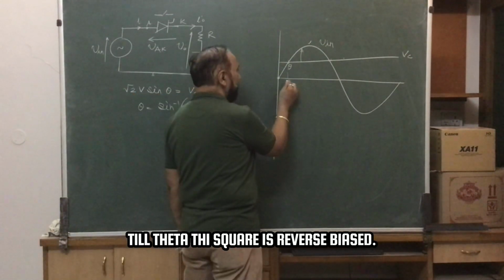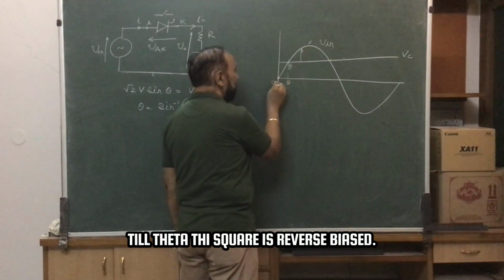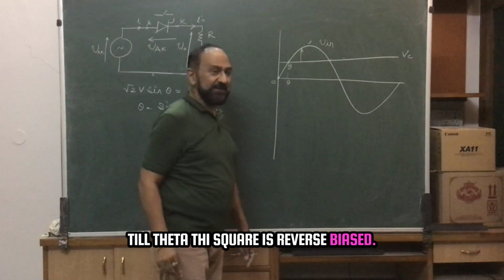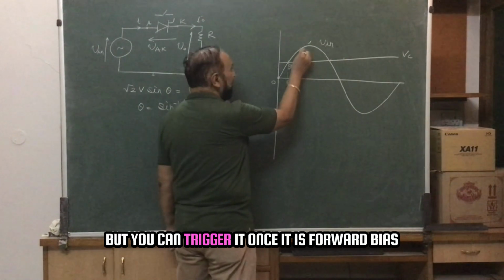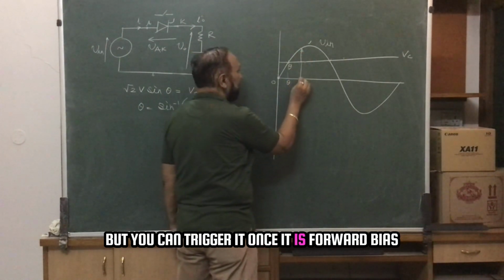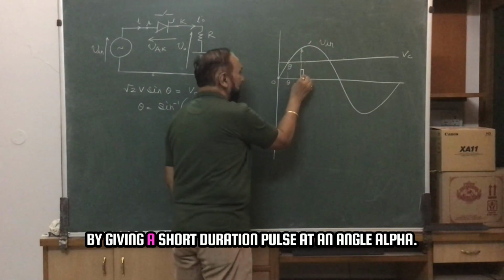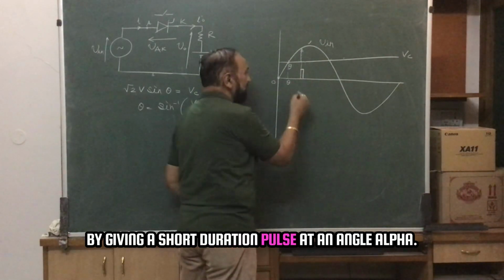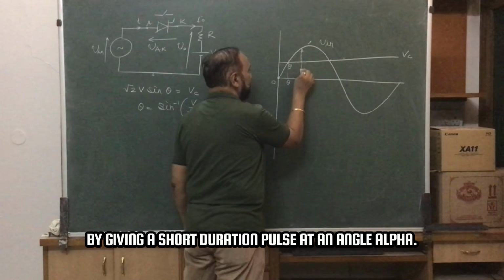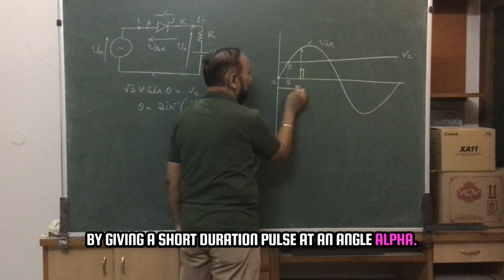Till theta, thyristor is reverse bias. But you can trigger it once it is forward bias by giving a short duration pulse at an angle alpha.